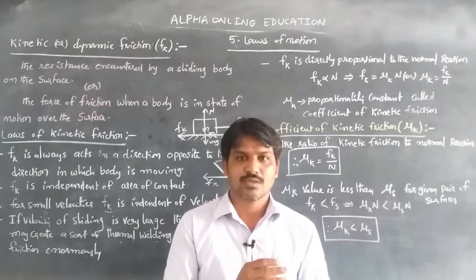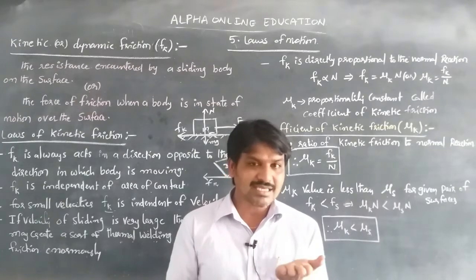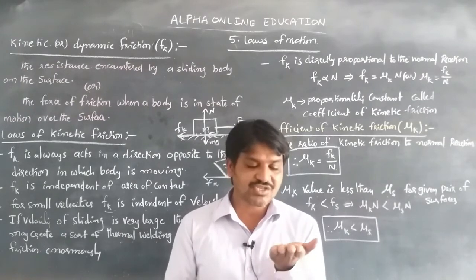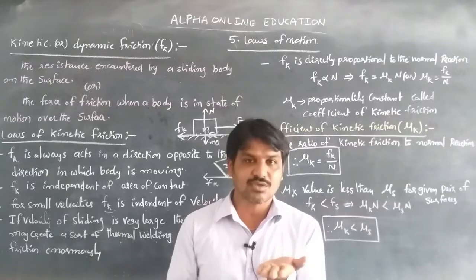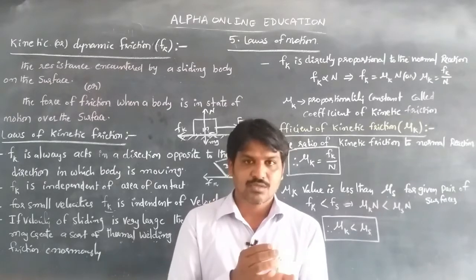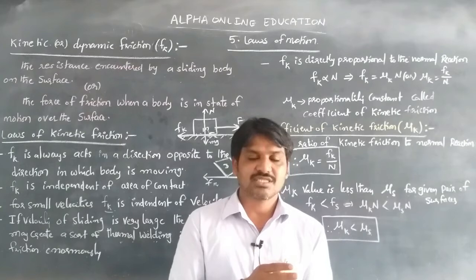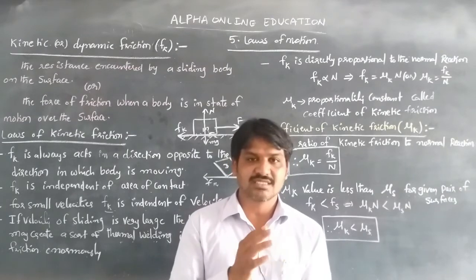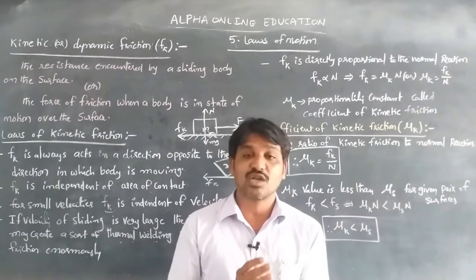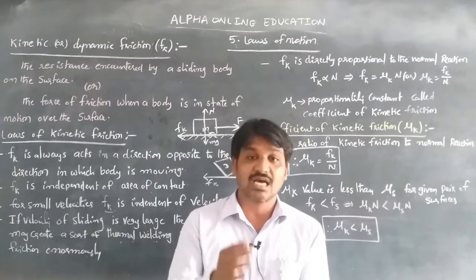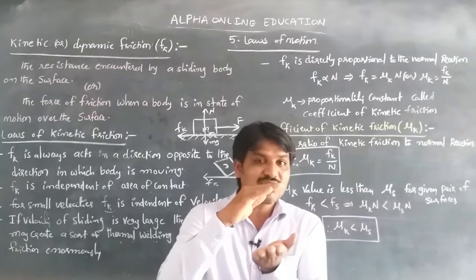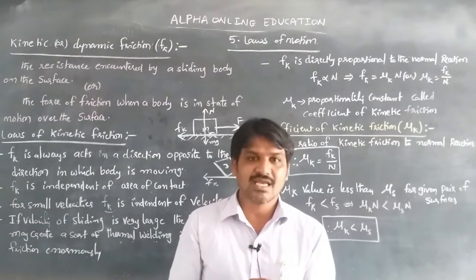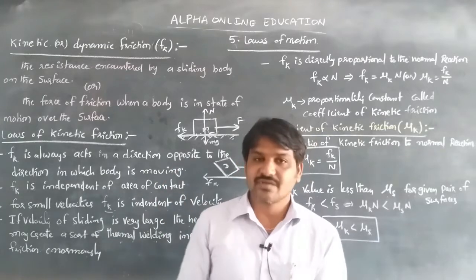So the resistance depends on the frictional force between the two surfaces. Static friction, as we discussed, depends on the molecular nature of the material and the relative smoothness between the two surfaces, and the same applies to kinetic friction.